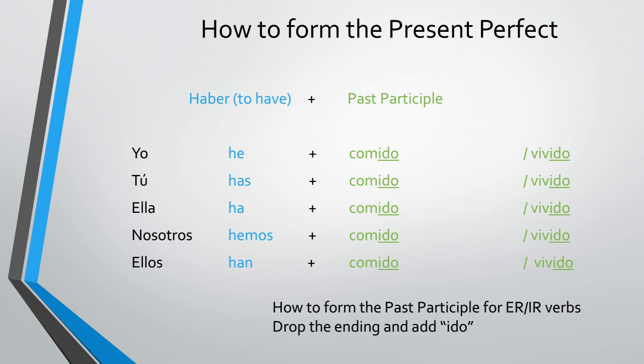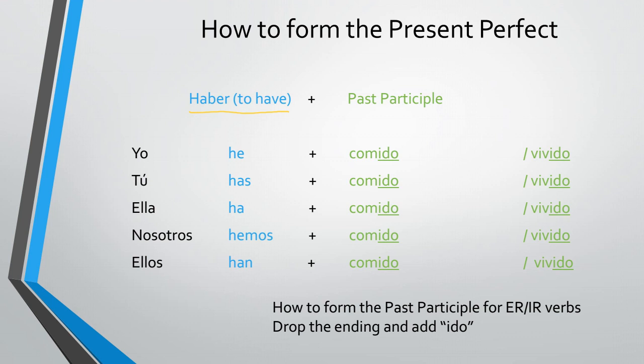It gets even easier with ER and IR verbs because they take the same endings. Still, with the first verb haber, which does mean to have, we translate in English as have or has. It's going to get conjugated he, has, ha, hemos, han.